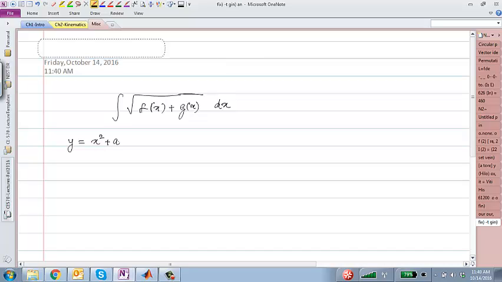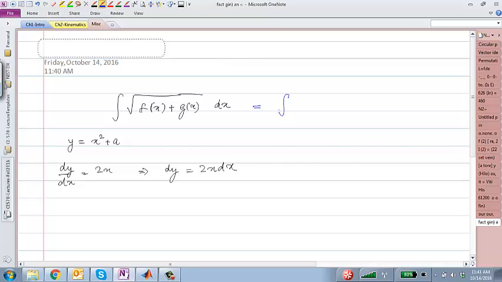You use this substitution and then you find dy/dx is equal to 2x, and you say that dy is equal to 2x dx, and wherever you get this quantity in this integral, you substitute that and you basically modify it.